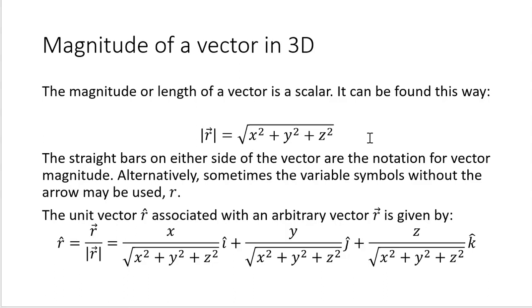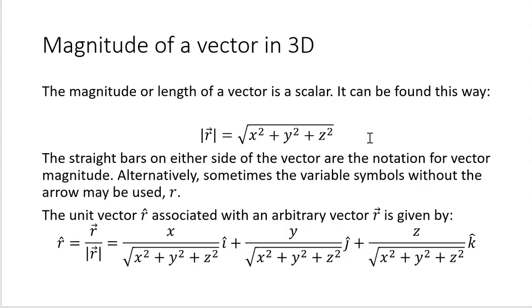But the form doesn't change when you go to 3 dimensions. The length of the vector r, if the legs in the x, y, and z direction are just x, y, and z, is still the square root of the sum of the squares of the components, which in the case of a 3-dimensional position vector is the square root of x squared plus y squared plus z squared.